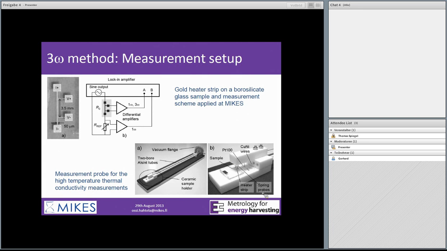Spring probes are used for giving the electrical contact for the sample, and they also keep the sample in place during the measurements. There's also an additional PT100 sensor chip so that we can monitor the temperature of the sample during the measurements.